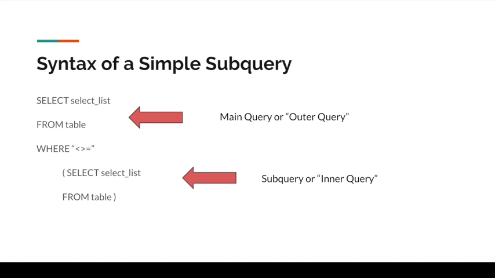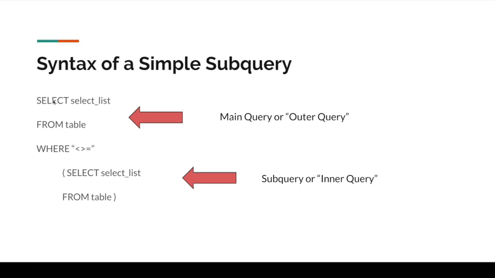So here's just a basic layout of subquery syntax. On the top left, we start here at the select. From select to where, this can be a standalone SQL statement all by itself. And then we have this subquery here that refers to a more specific set of data.